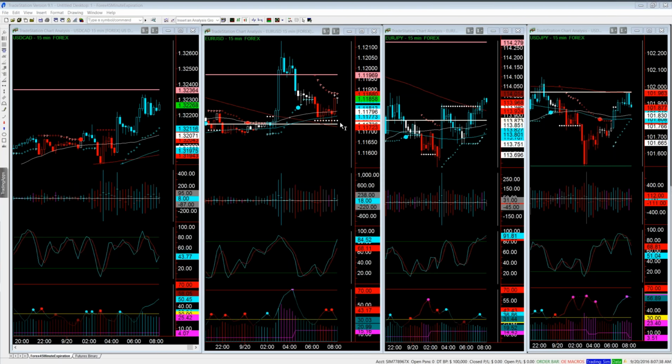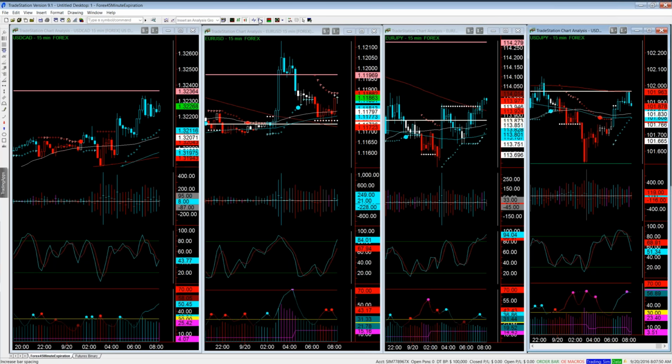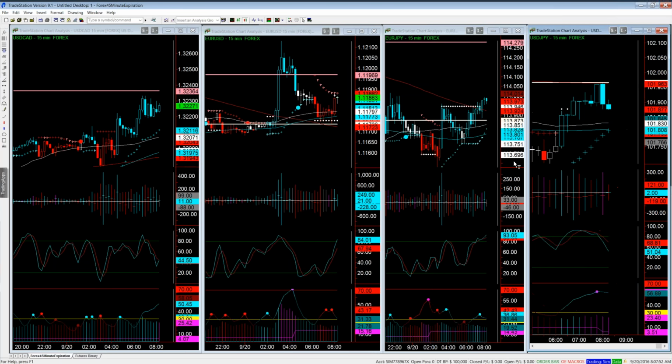Okay? Now, over on the USD JPY, you see that the pivot line and the moving average are coinciding together. Now, you can also see, and I'm going to blow it up a little bit, that on this bar, not only did it make a high, but sellers stepped in on that high, okay? So sellers came in and they took control.